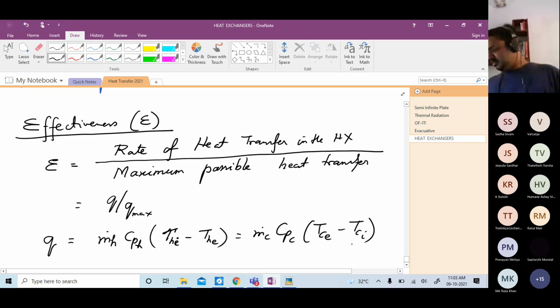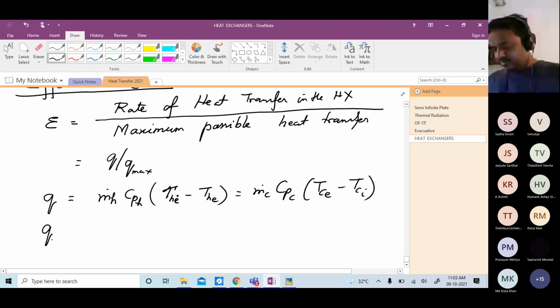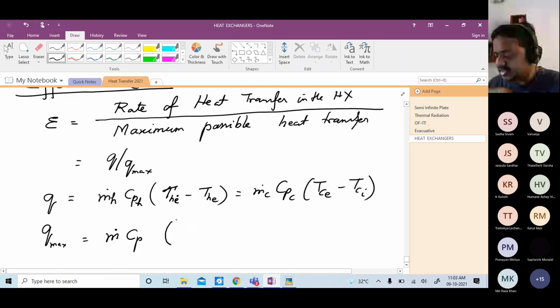Equivalent. What is Q max? m dot Cp times the maximum temperature difference that is possible inside the heat exchanger.